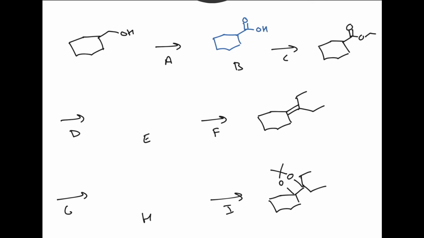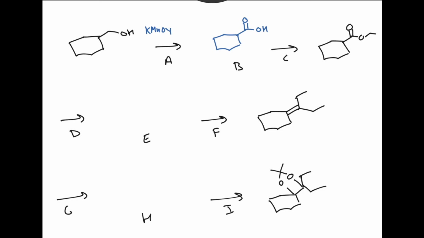One of them is purple, if that helps. It doesn't help, clearly. You could use KMnO4 or sodium dichromate, sulfuric acid, or chromium oxide water. Right? Any one of those 3 oxidants is going to take a primary alcohol and turn it into carboxylic acid.